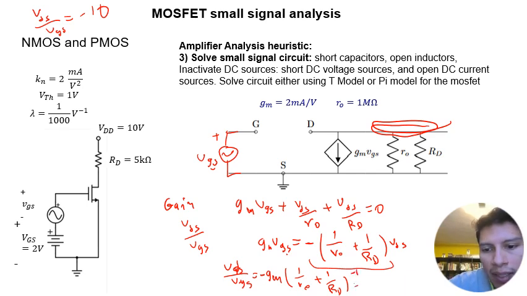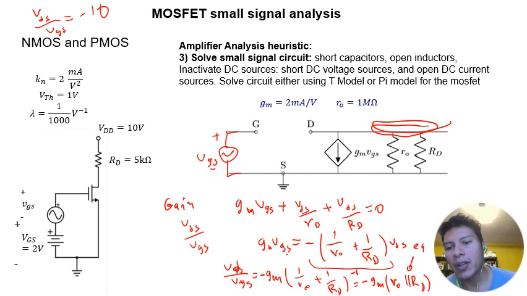This is just really RO in parallel to RD. So it's just negative GM times RO in parallel to RD. So this denotes the equivalent resistance of RO in parallel to RD.